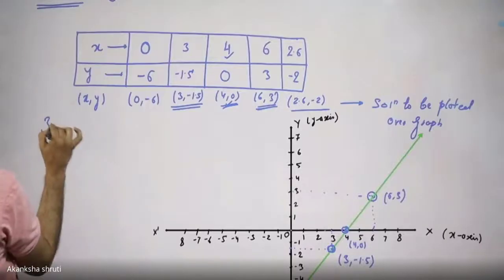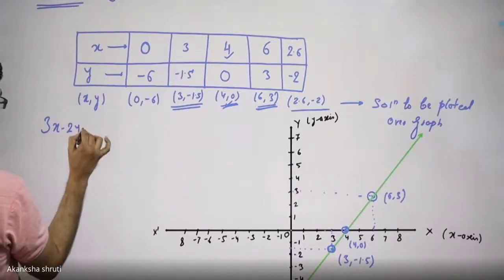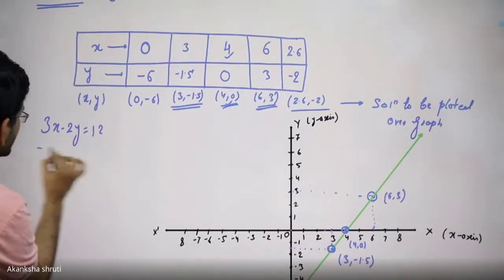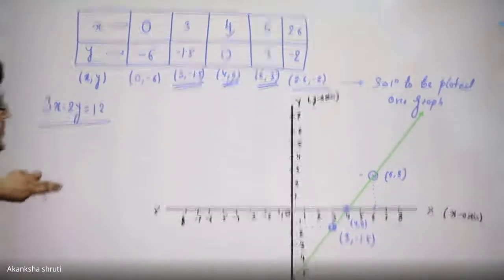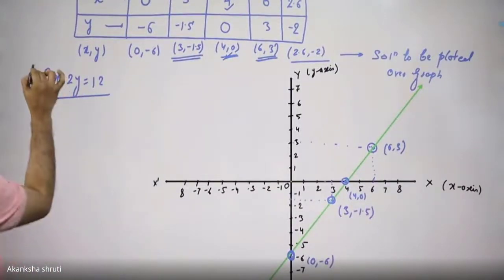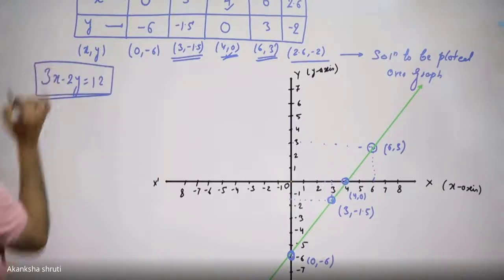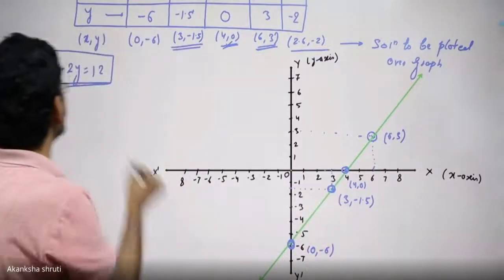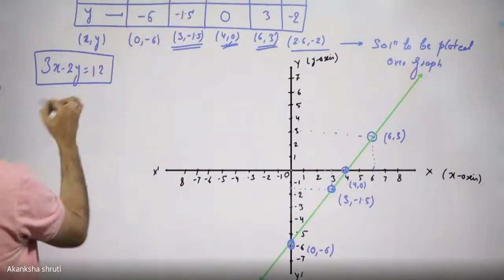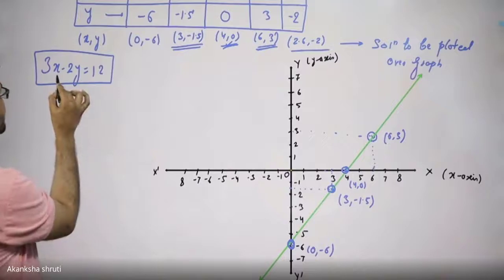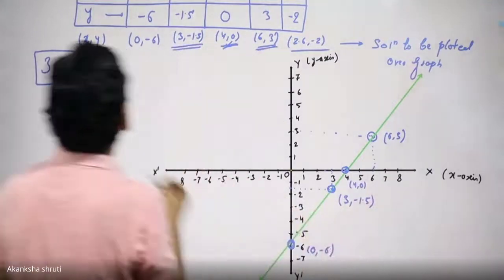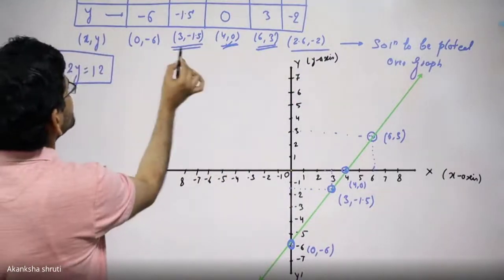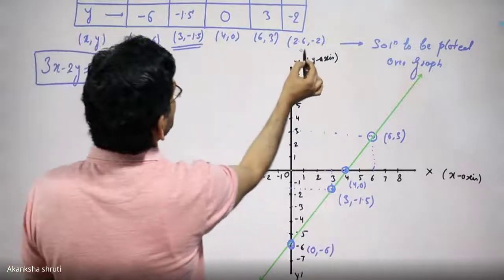Here our equation is 3x minus 2y equals 12. Keep in mind, students, our equation is 3x minus 2y equals 12. When this same equation is plotted on the graph paper, the x value is plotted over the x-axis and its y value over the y-axis, and we get these coordinate points.